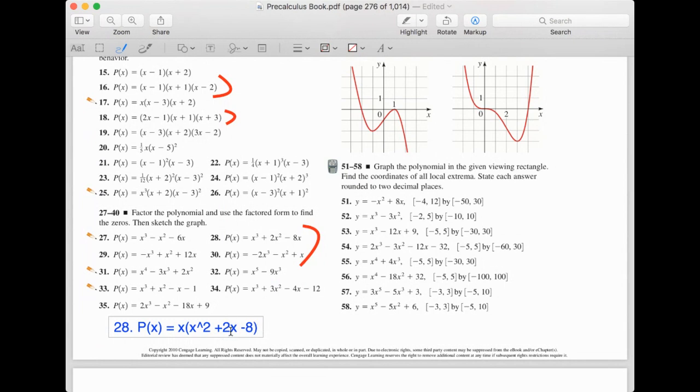Now, can we factor this inside? You may use the quadratic formula for the inside, or you can factor like this: x plus 4, x minus 2. You may ask me, how did I get that? Think about the factors of -8.